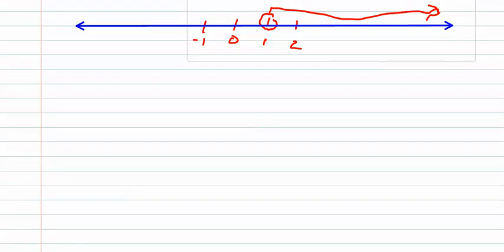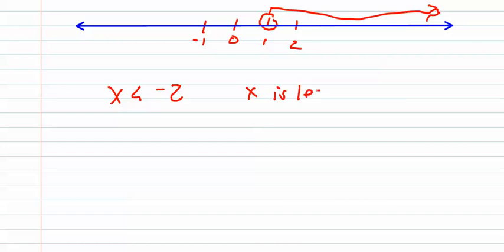If we look at the notation for less than, x is less than -2. Looks like this. We're looking at numbers smaller than -2.